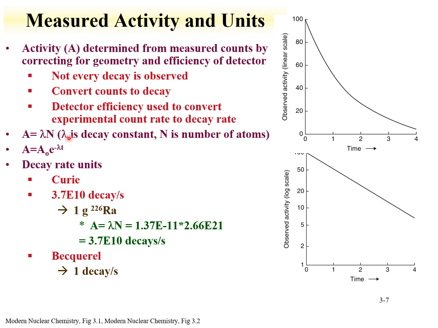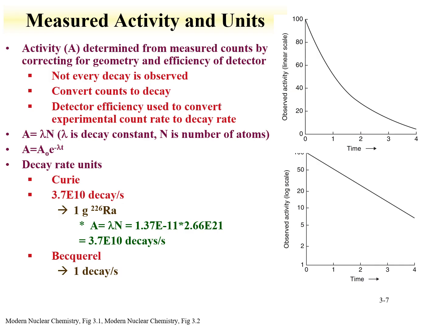Activity equals lambda N. Activity initial times e to the minus lambda t is equal to activity at a given time. So we have these relationships. And what we really need to do, when we talk about the relationship between counts and activity, is the detector efficiency. The general relationships that one could see are shown here.